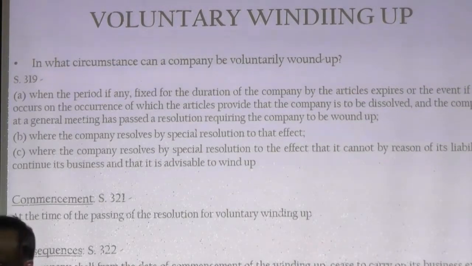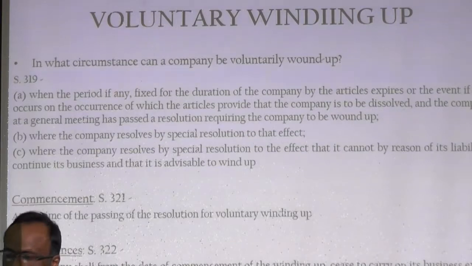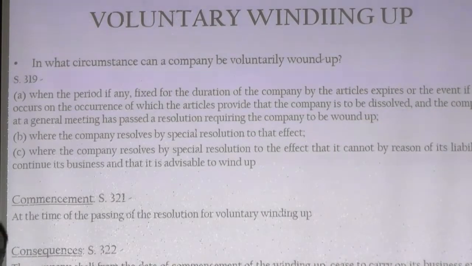So the third situation is where the company really feels or understands that it cannot exist anymore. In such a situation, the creditors or the shareholders may decide that it would not be able to carry on with the company's existence. So these are the three situations under section 319 in which the company could be voluntarily wound up.